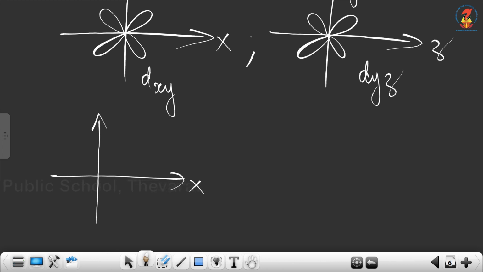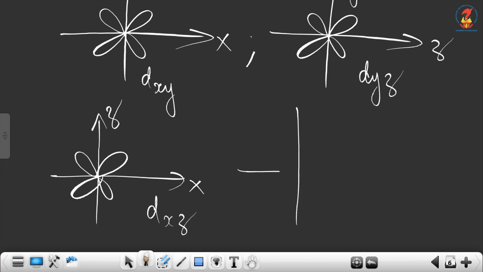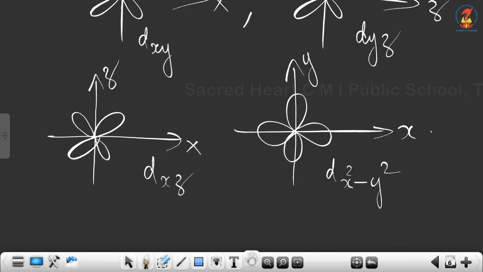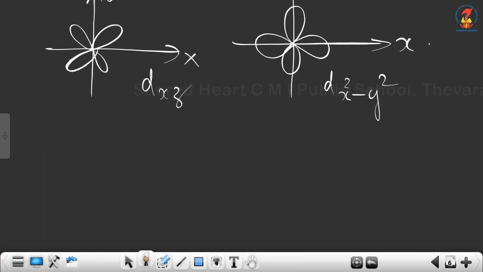This is the x axis, and take this as the z axis. This is the dxz orbital. Next we have dx square minus y square, which lies along the axes. This is the shape of dx square minus y square.